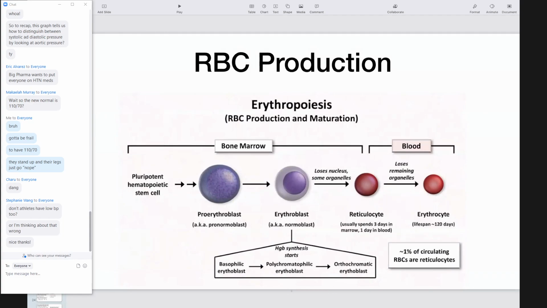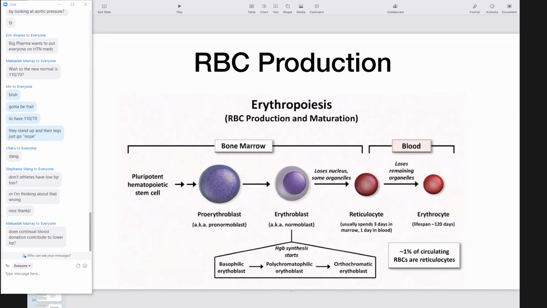Red blood cell production is called erythropoiesis. That's just a term that you would need to know. Erythropoiesis is the production and differentiation of red blood cells from pluripotent hematopoietic stem cells. You don't need to know the differentiation steps, from a pluripotent hematopoietic stem cell into a proerythroblast, into an erythroblast, into eventually an erythrocyte.